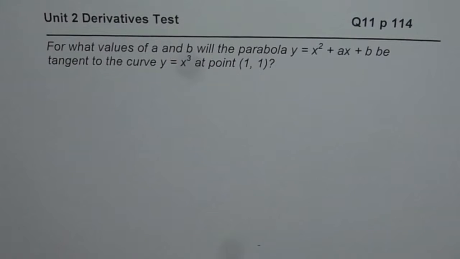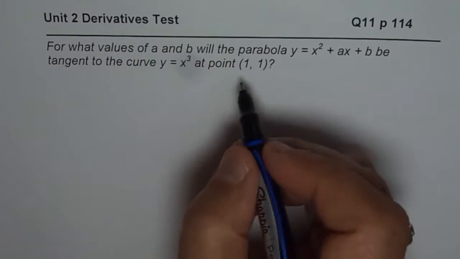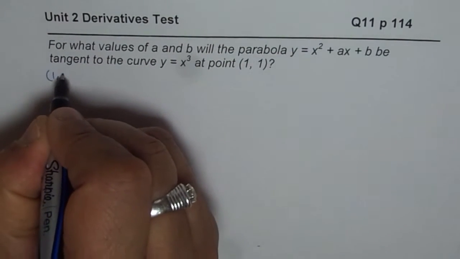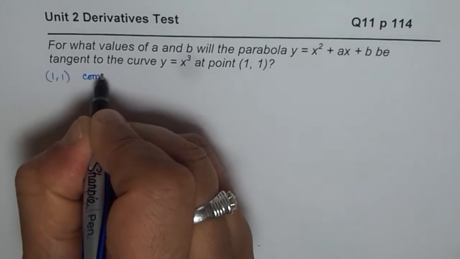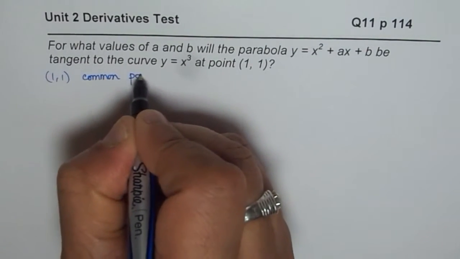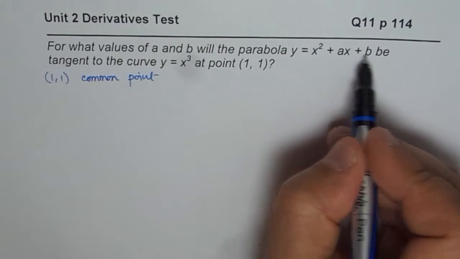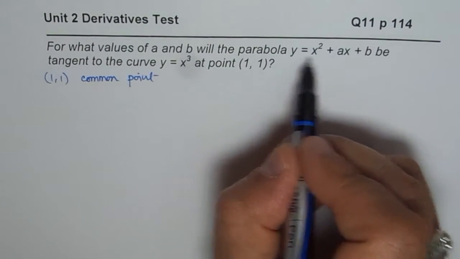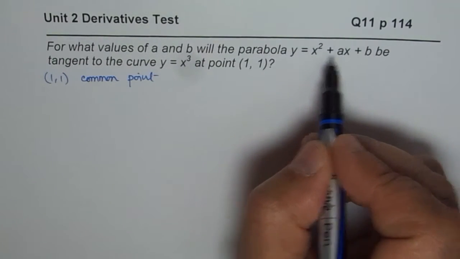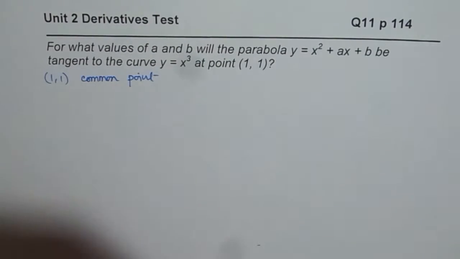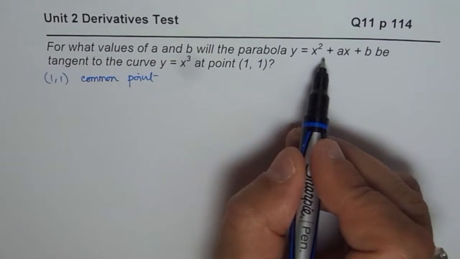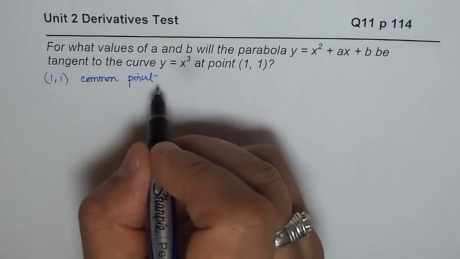So (1, 1) is a common point to both curves. When I substitute 1 for x, y should be 1. Since (1, 1) is a common point, we can get one equation from the point itself.